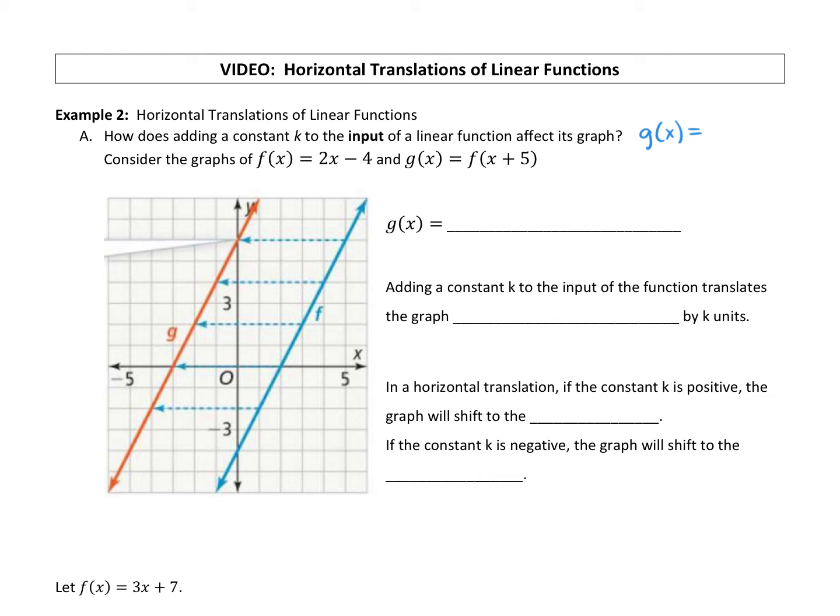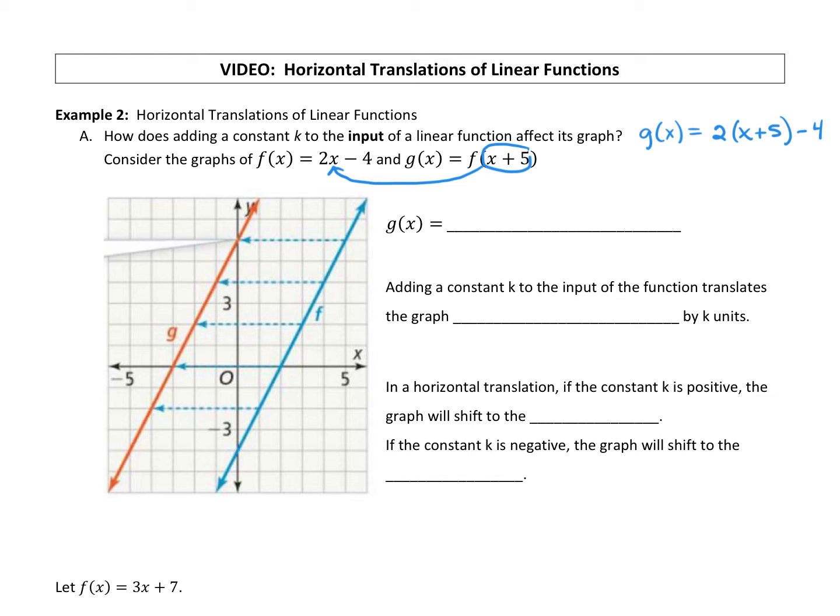So what we're going to do is take the x plus 5 and put that in for any x's in the f function. So we just replace the x with an x plus 5. So our function would be 2 times, instead of an x, we replace that with x plus 5, and then minus 4.